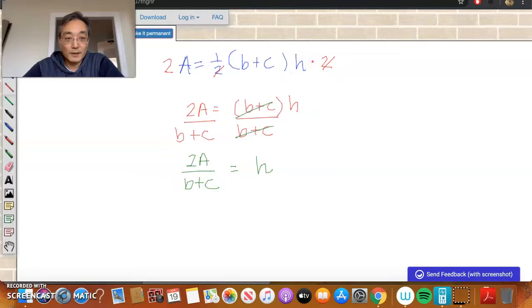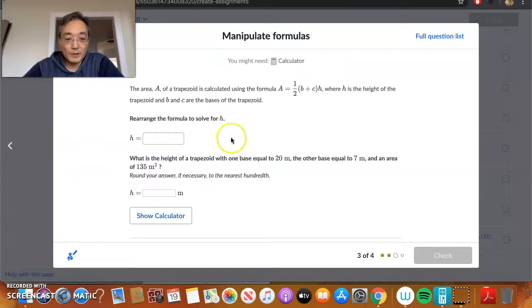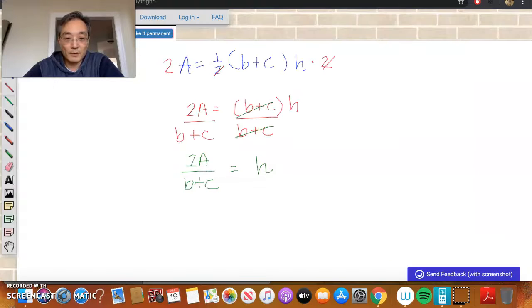All right. Now they give us some values, right? So we need to plug them in. What is the height of the trapezoid with one base equal to 20, the other 7, and the area is 135? So 135, 20, and 7. Okay, so that's going to give us, what is it, 270 over 27, and that looks like it's just going to be 10.